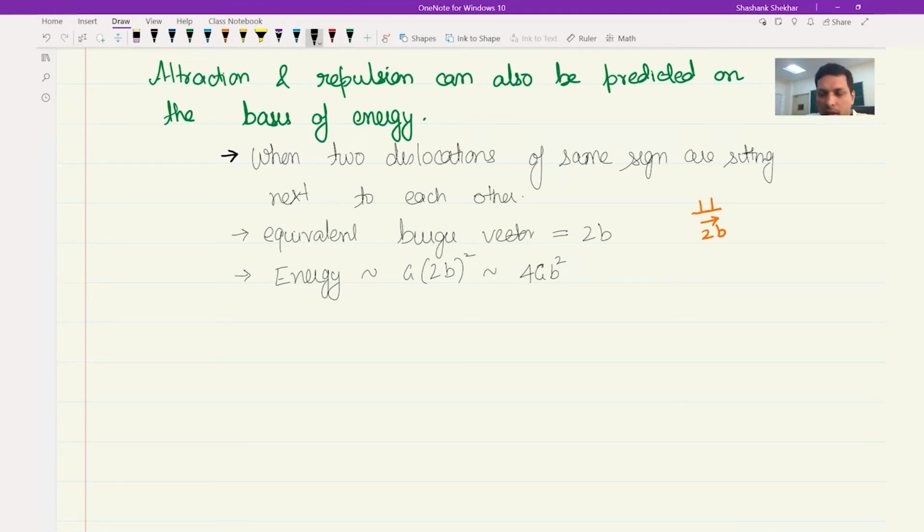So energy 4Gb square is certainly greater than 2Gb square when independent. And certainly, as any system does not like the energy to increase, the dislocations will tend to stay away.